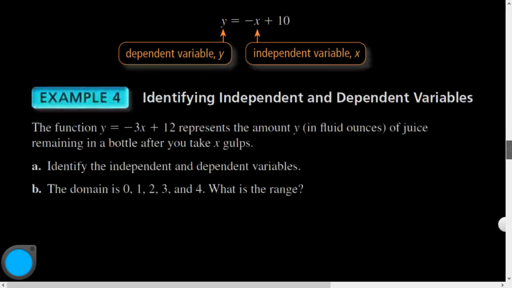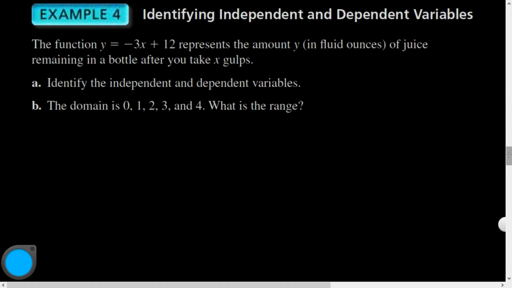We've seen a whole bunch of different ways of representing relationships between two sets of numbers. Here it says the function y equals negative 3x plus 12 represents the amount y in fluid ounces of juice remaining in a bottle after you take x many gulps. So A, identify the independent variable and the dependent variable.